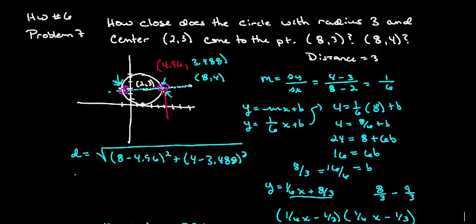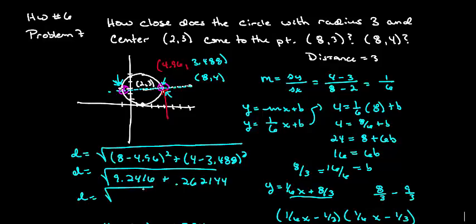Okay, so that's going to give me 9.2416 plus 0.262144. That'll give me 9.503744. Square root of that guy is 3.08.